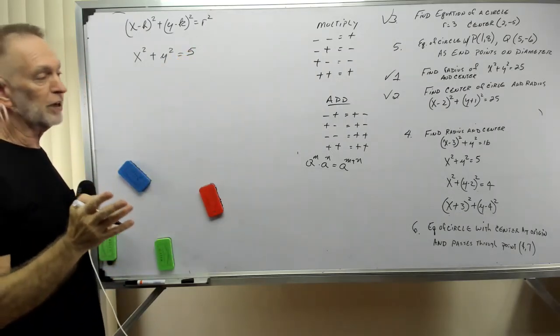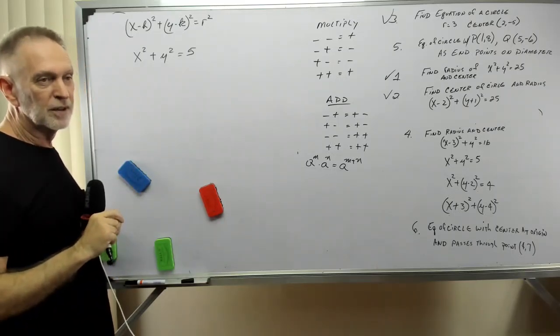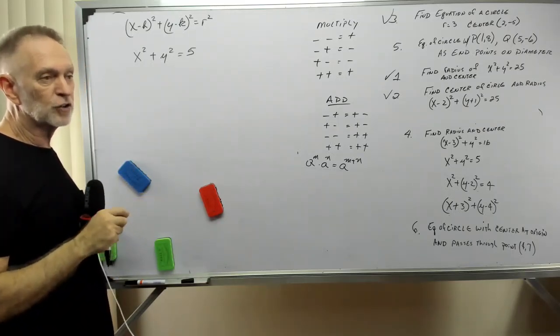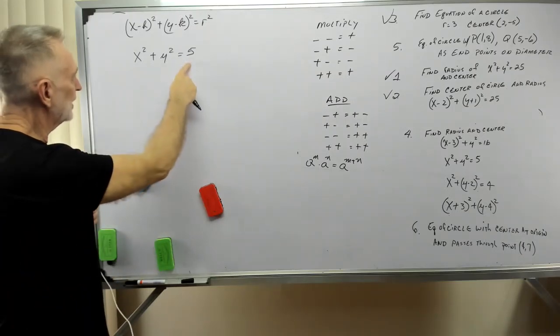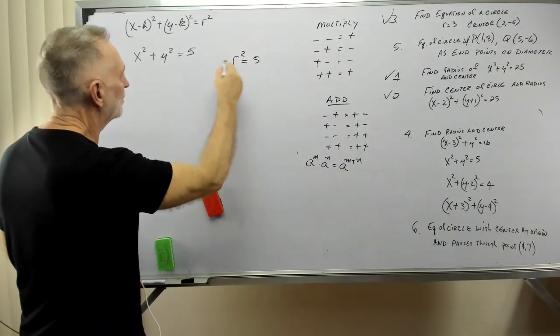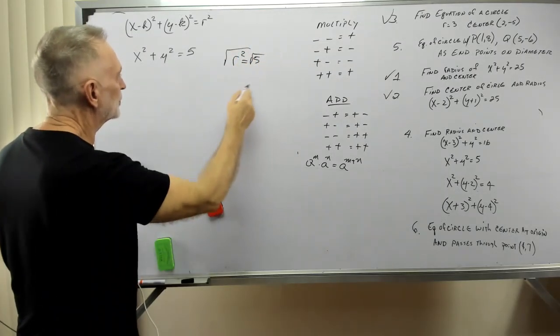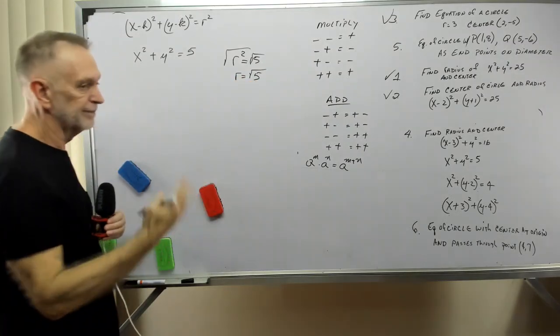Now they're trying to trick you here, because we've worked a lot of problems where we had 25 and the square root was 5. Now in this case, r squared equals 5. If I take the square root of both sides, r equals the square root of 5.